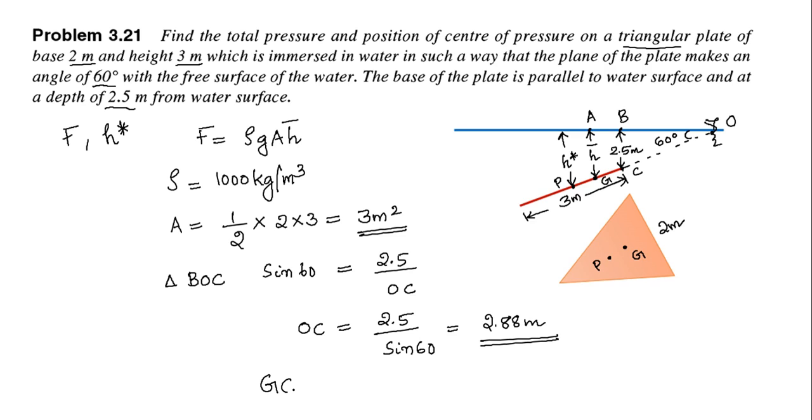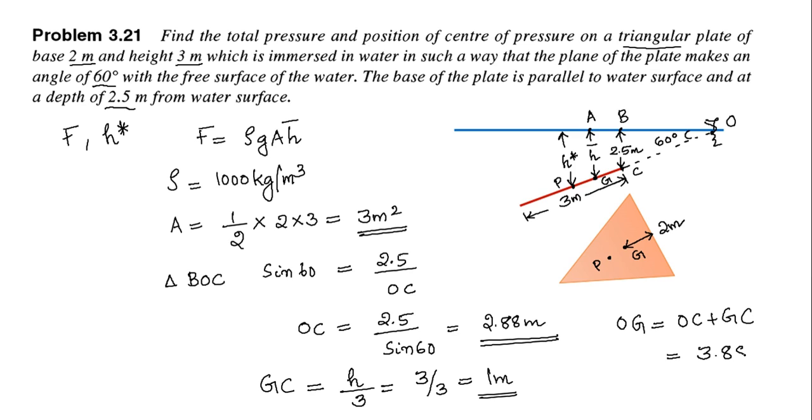Now, GC is the distance from the base of the triangle up to the centroid. We know that GC is h by 3, which is equal to 3 by 3, that is equal to 1 meter. Now we can write OG is equal to OC plus GC and we will get it as 3.88 meters.